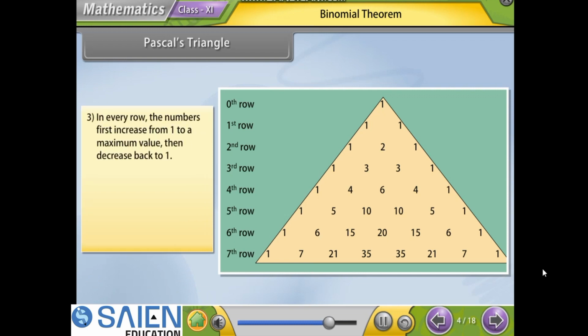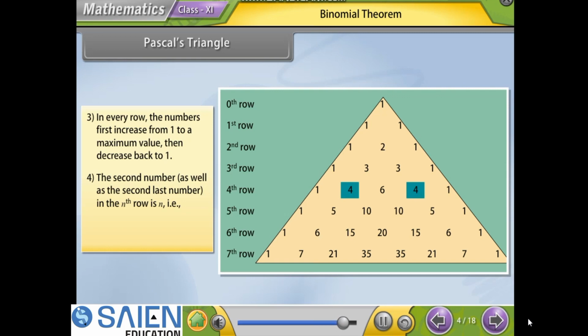In every row, the numbers first increase from 1 to a maximum value, then decrease back to 1. The second number as well as the second last number in the nth row is n, that is, nC1 is equal to nCn minus 1 is equal to n.